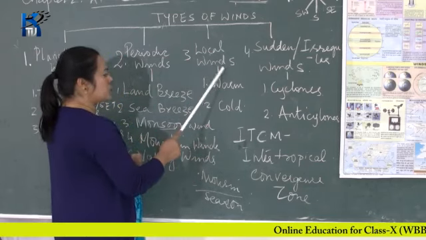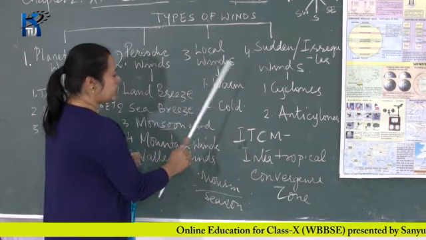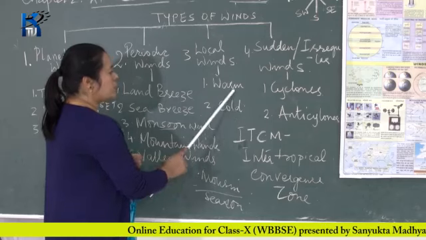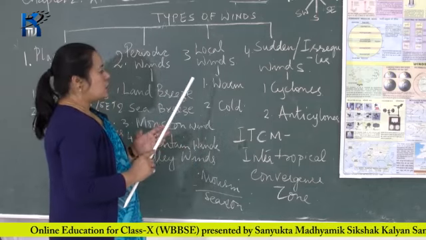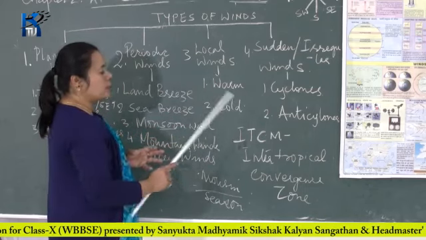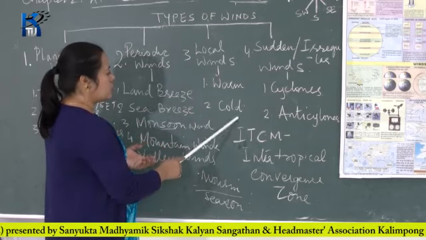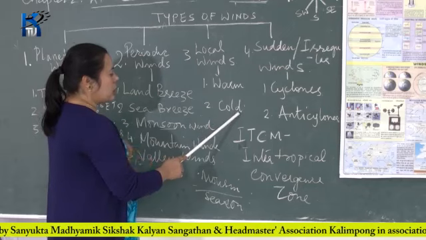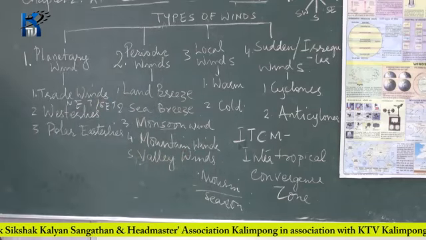These are of two types, warm winds and cold winds. Warm winds blow from the upper regions; these are the descending winds. Cold winds blow from the colder regions, like from mountains, and that is why they are known as cold winds. There are a number of warm winds and cold winds.